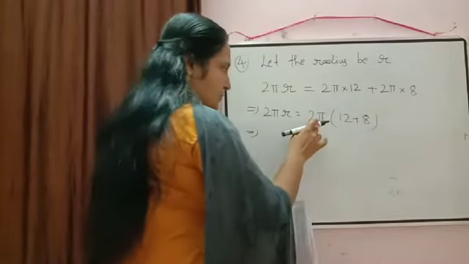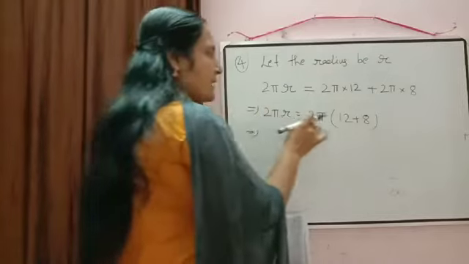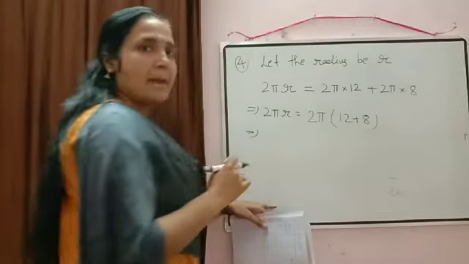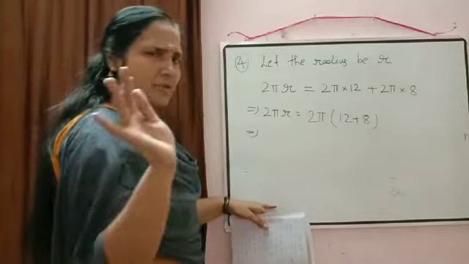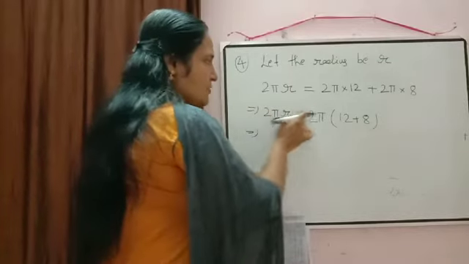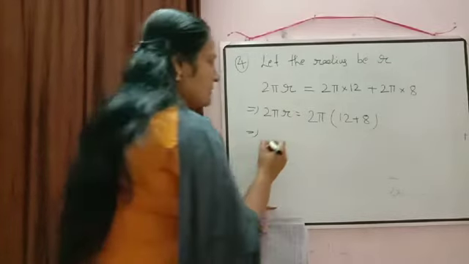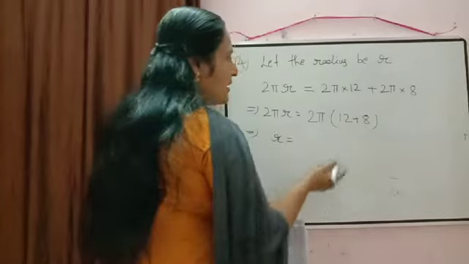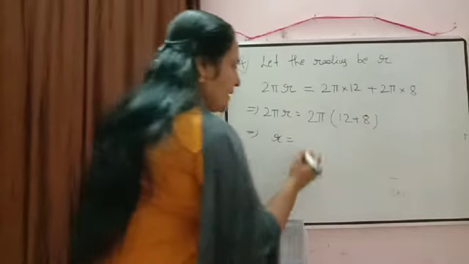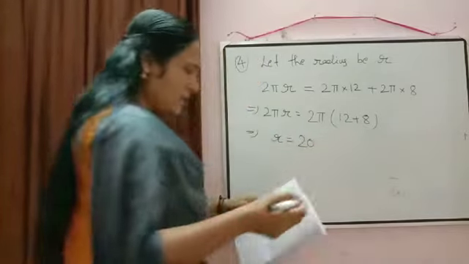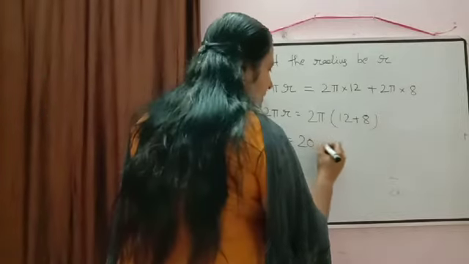Yes, when you shift 2 pi here, it will come in division, so 2 pi and 2 pi will get cancelled. We cancel because they are in multiplication. You don't have to show that step. So remaining, r is equal to 12 plus 8. So the radius will be equal to 20 centimeter.